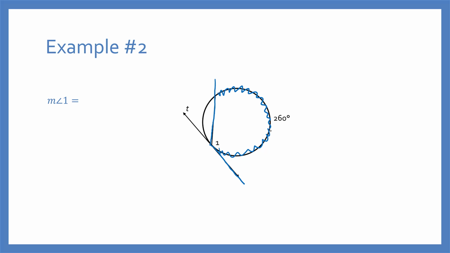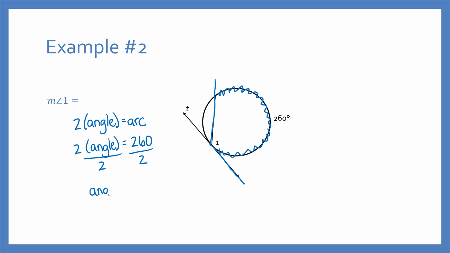So we know that 2 times the angle equals my arc. 2 times my angle, and my arc is 260 degrees. Divide each one by 2. My angle is 130 degrees.